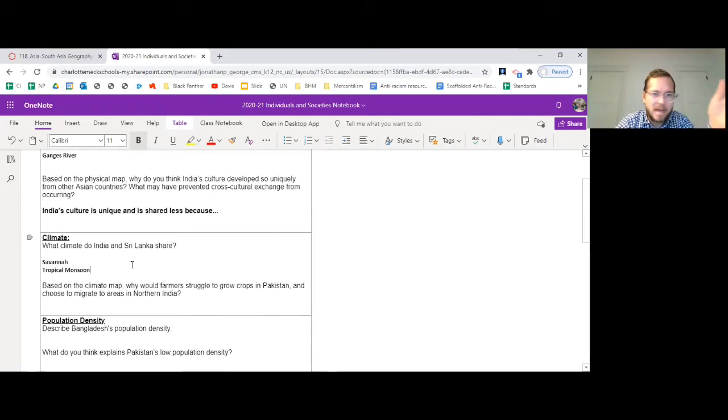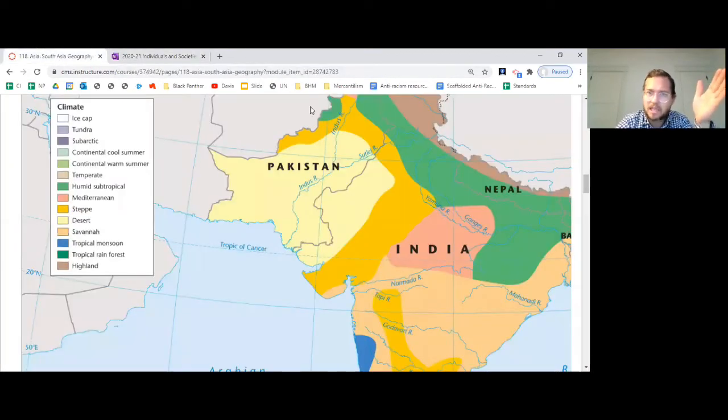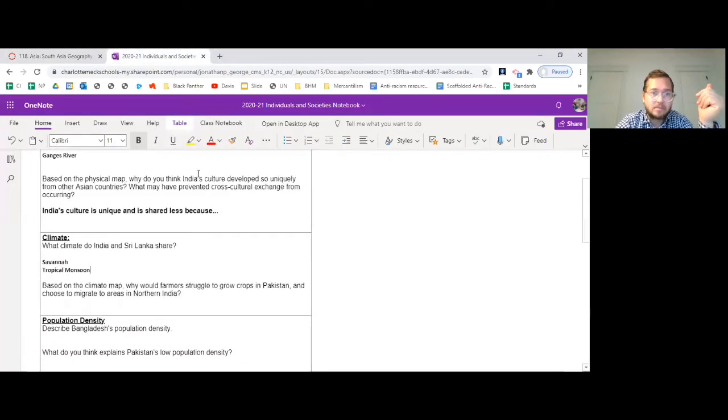Based on the climate map, why would farmers struggle to grow crops in Pakistan and choose to migrate to areas in northern India? I like that question. I did not write that question, but I like that question. Why would farming be difficult in Pakistan, and why would they migrate or move to northern India? Go ahead and answer that question. I'll provide some sentence starters here if you need it.